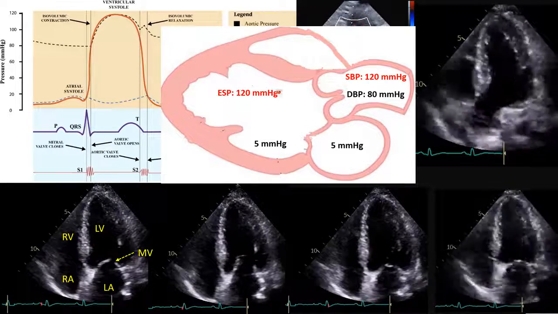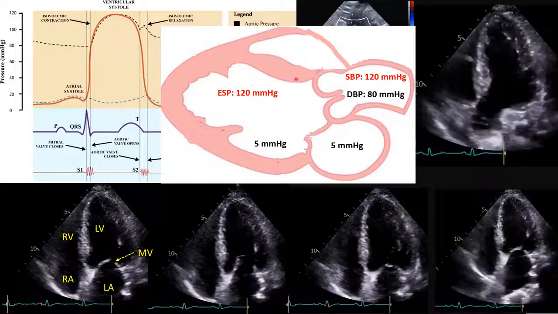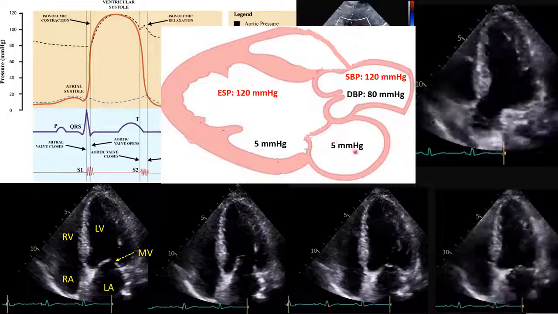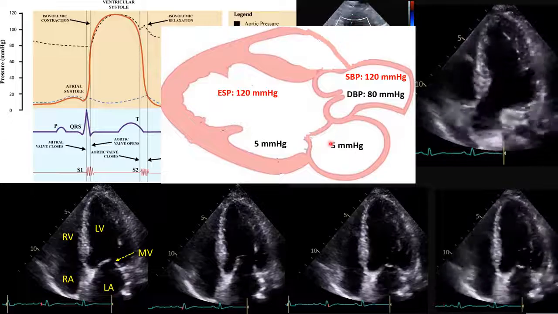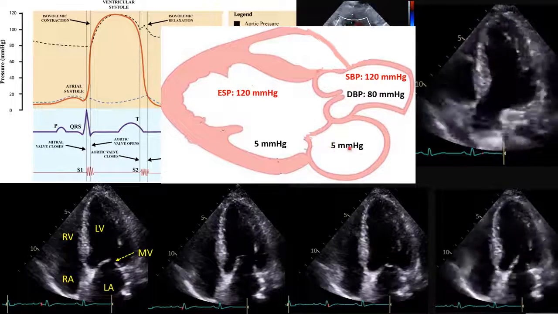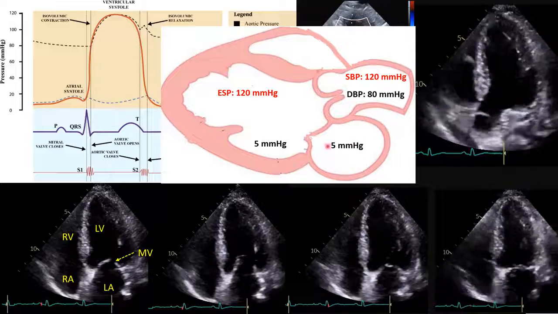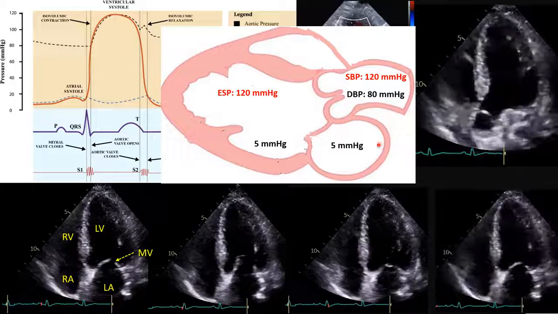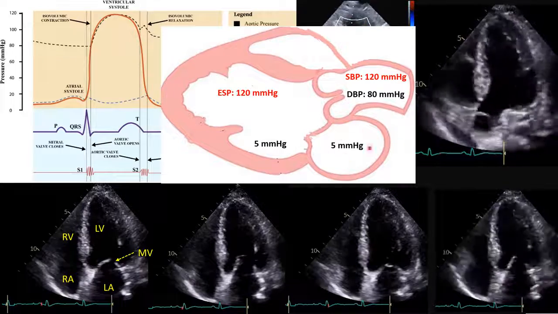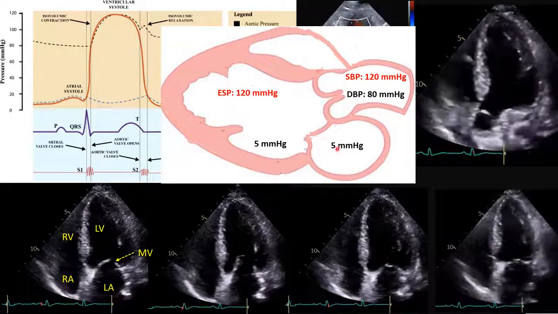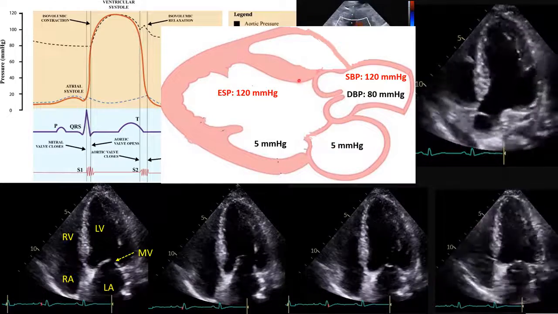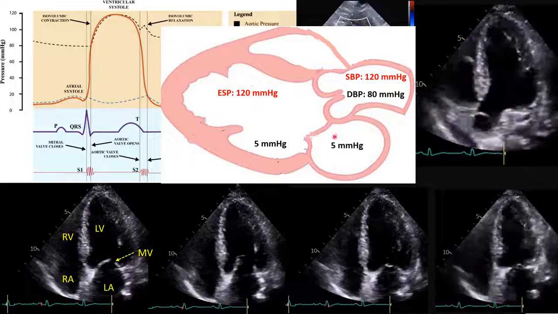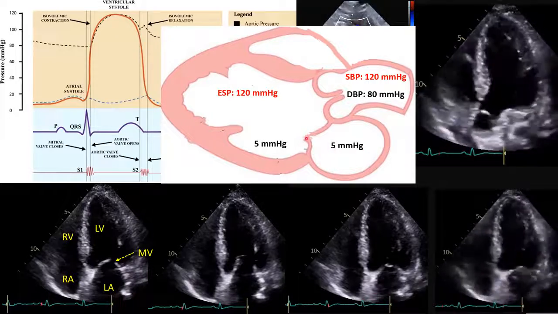Now, imagine, for example, here is 100, the pressure in the left atrium is almost still the same, 3 to 5, because it is still not contracting, and blood comes back from the pulmonary vein to the left atrium, but the pressure is below 5 millimeters of mercury. So as long as this pressure is above the left atrium, the mitral valve is closed.